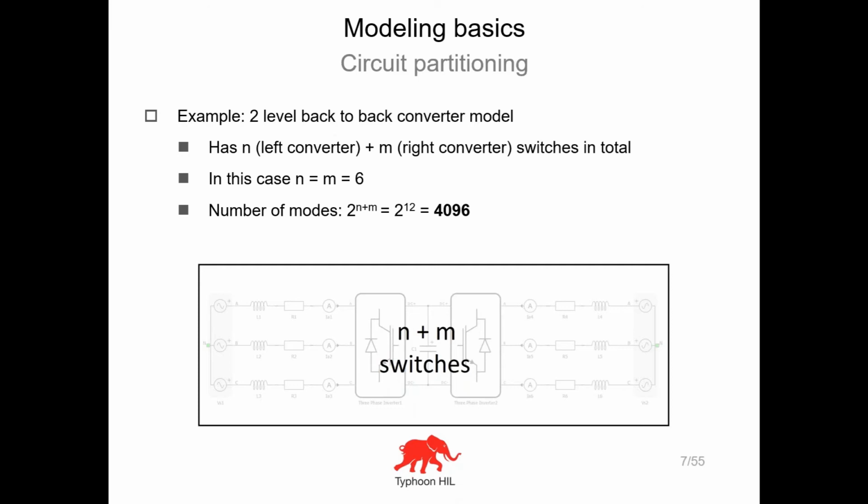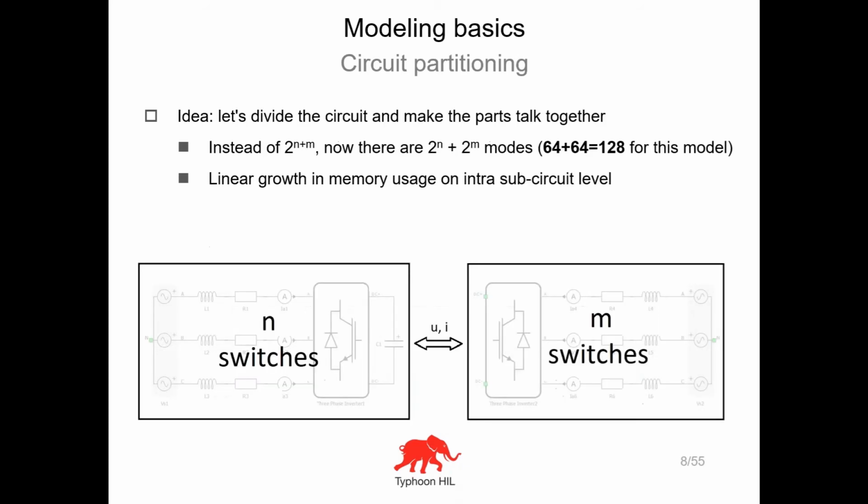So there are 2 to the power of 12 possible switching permutations. This means that more than 4,000 state space matrices need to be stored in our device memory, and what's more, every additional switch would double this number. So it is clear that with this exponential growth, we cannot scale above a certain level of complexity with our models.